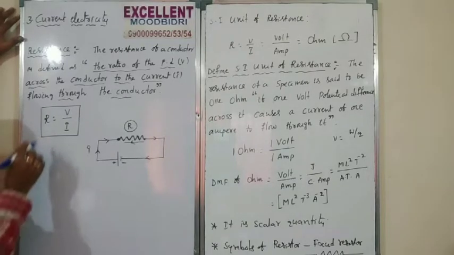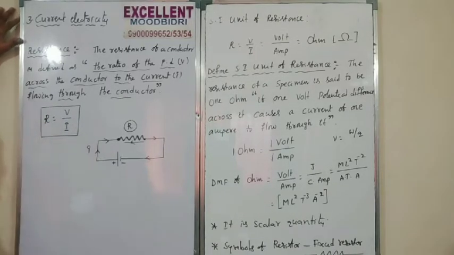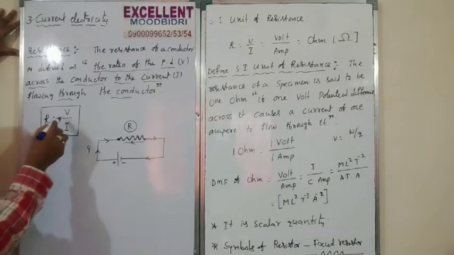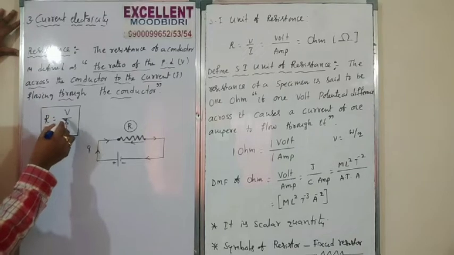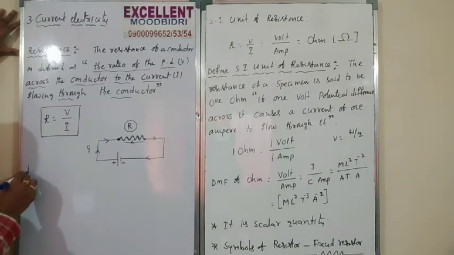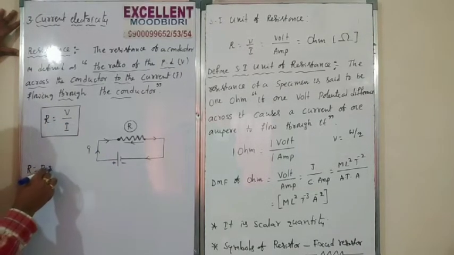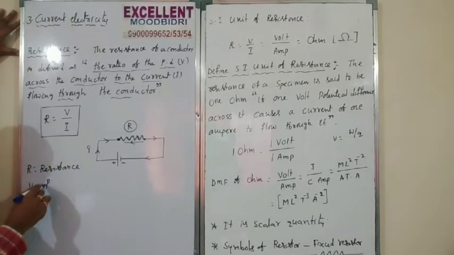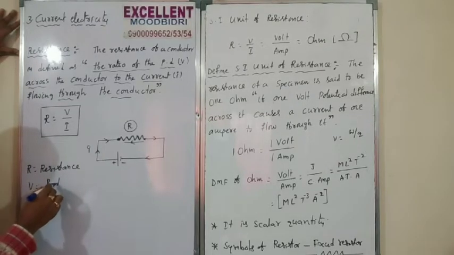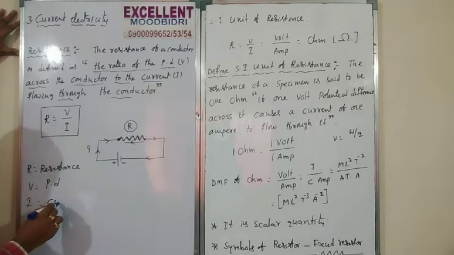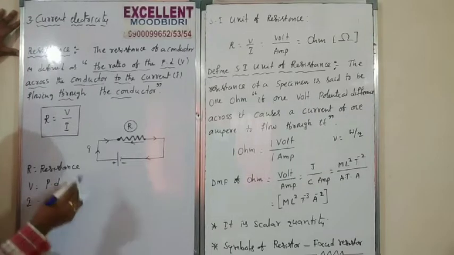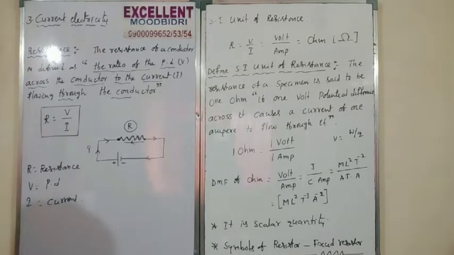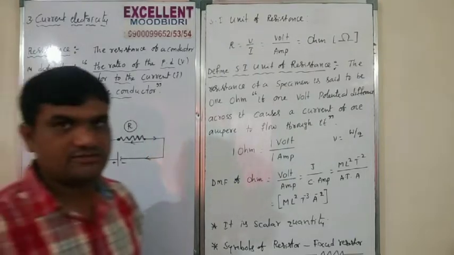So the formula is R equals V by I, where R is resistance, V is potential difference, and I is current. This is a very simple definition, which opposes the flow of electric current.